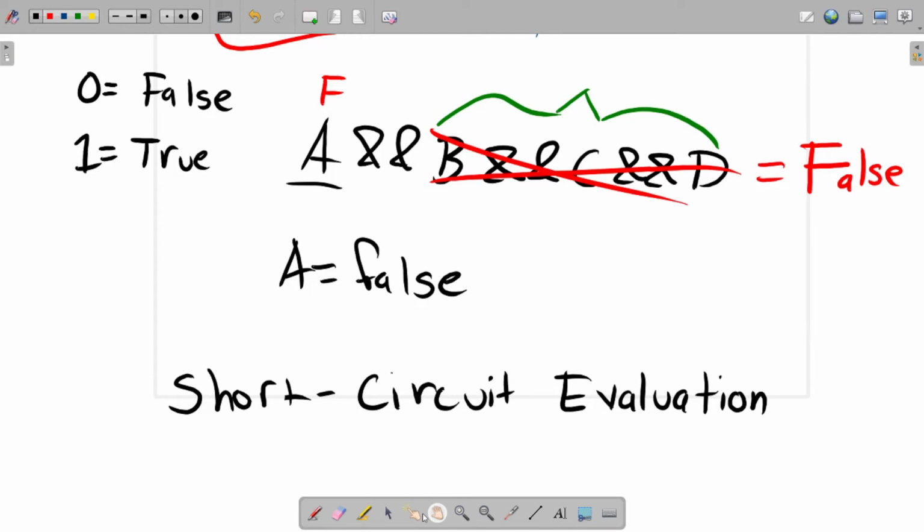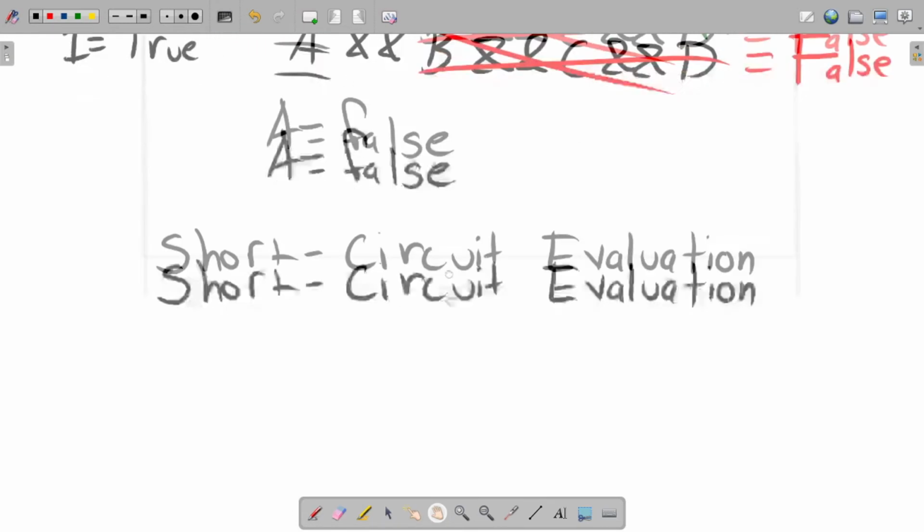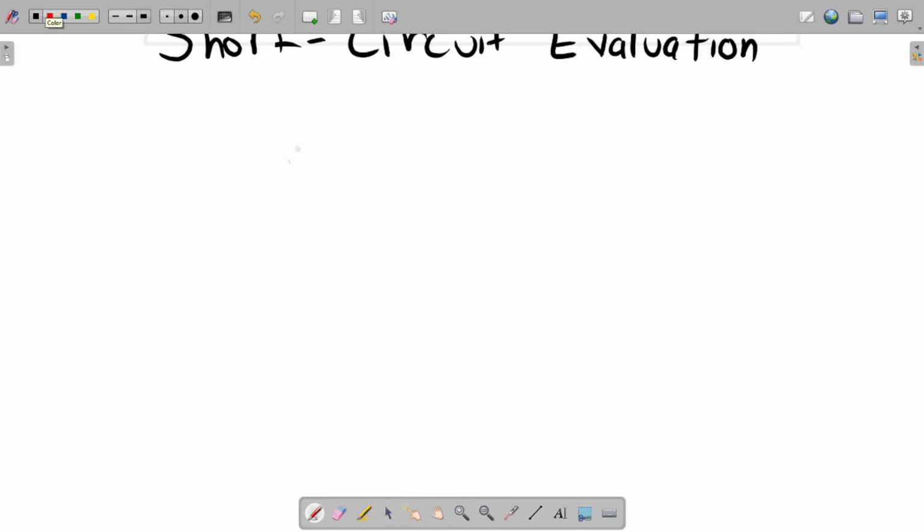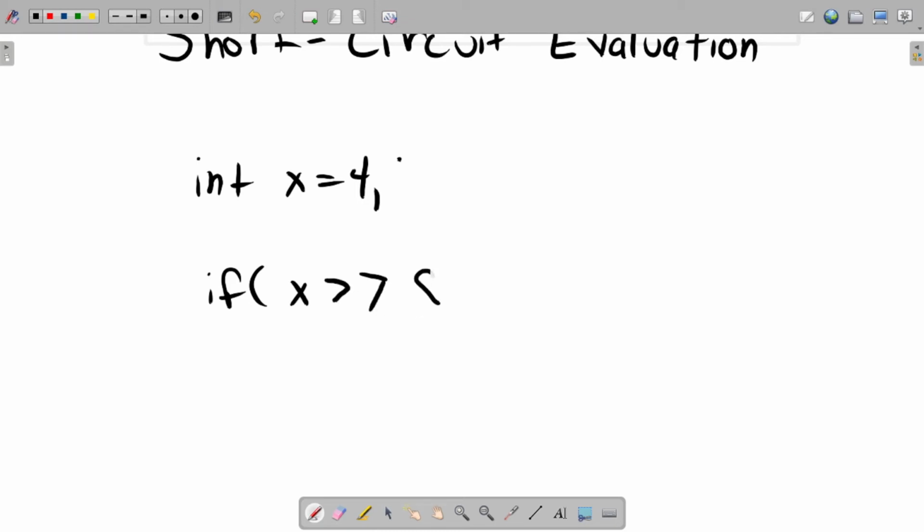And by that I mean computationally expensive, in that they take more time to run in the CPU than other sorts of operations. So an example of this would be if I had the expression, let's just say my code is int x equals 4, and then I have an if check that says if x is greater than 7 and sine of x is, let's just say, less than 10, something like that.